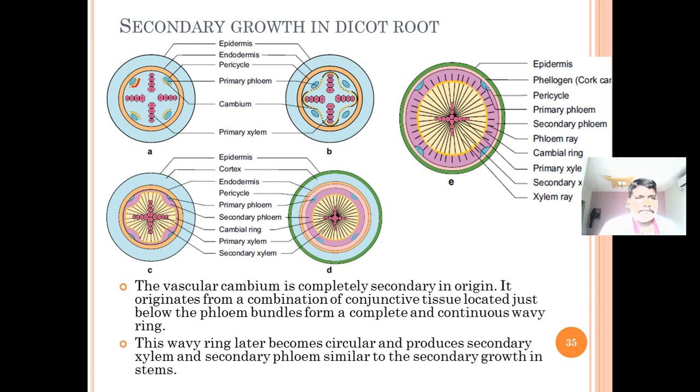Finally wavy rings will be formed here. Look clearly, you may find wavy rings forming. At a stage the complete ring forms, and on one side it starts producing phloem, and on the other side it produces xylem, as we discussed previously in the dicot stem.